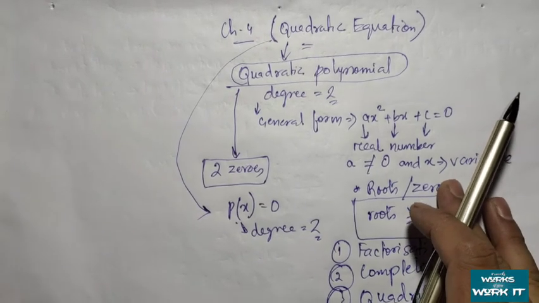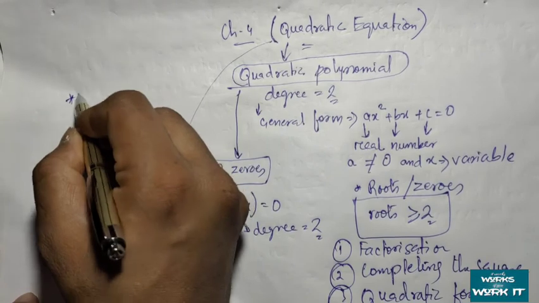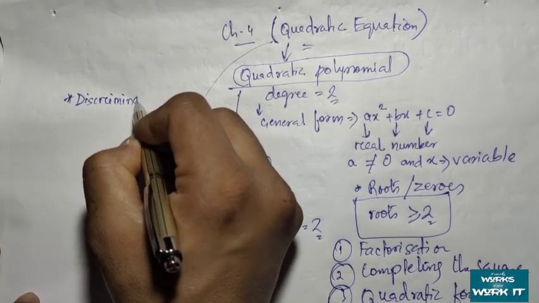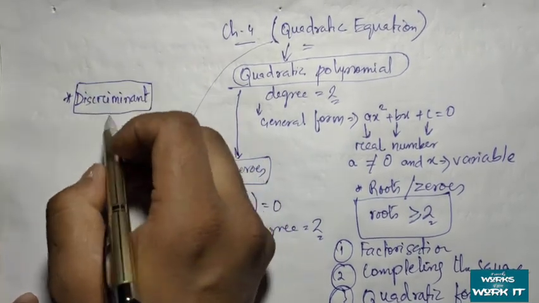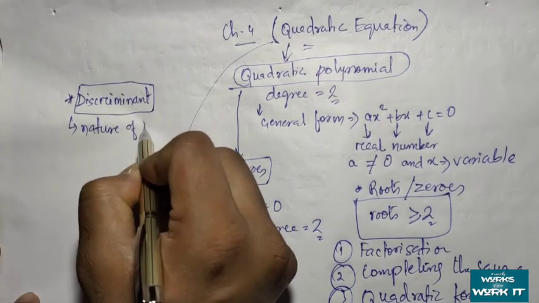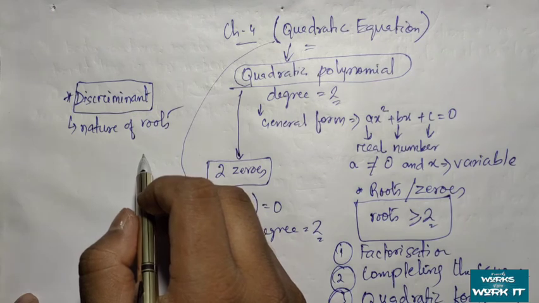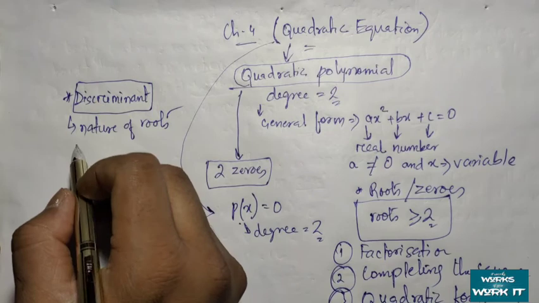Now we will talk about a different topic, that is the discriminant. The discriminant decides the nature of the roots. We can find the discriminant from any given quadratic equation.